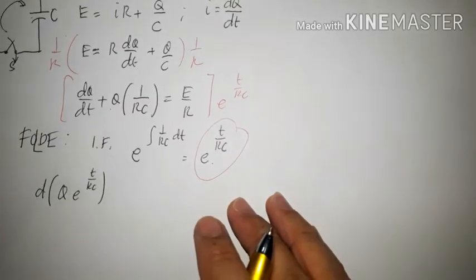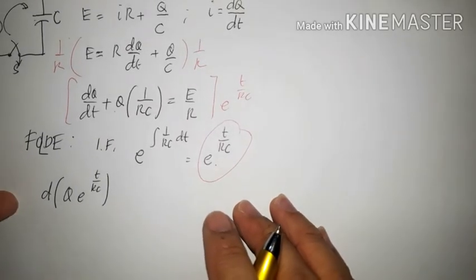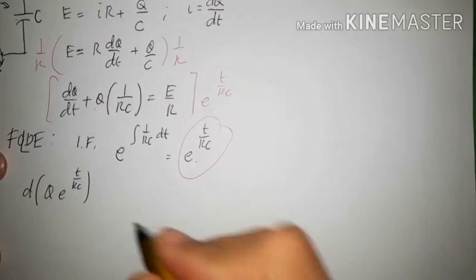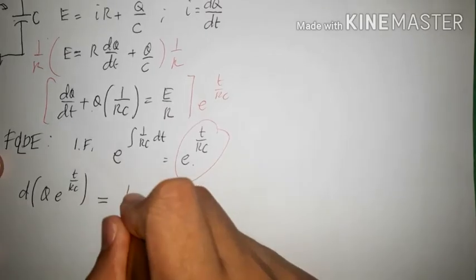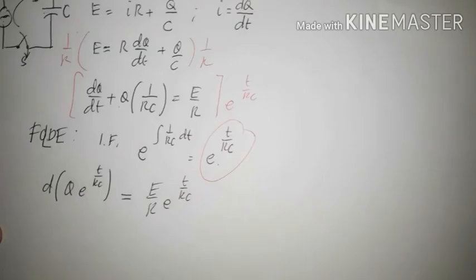So again, if you wish to find the detailed discussion here, please refer to linear differential equation. This is equal to E over R e to the t over RC.